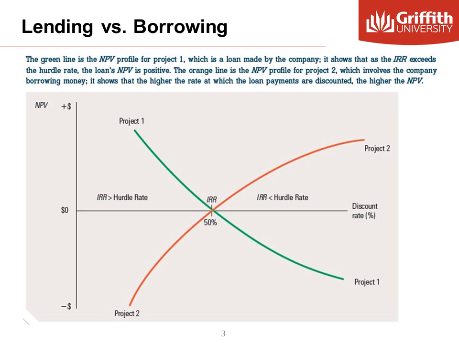Project 2 is a non-conventional project like Project B and should be accepted only when IRR is less than the hurdle rate, because that is the only time when NPV is positive. The higher the discount rate in this case relative to the IRR, the higher the NPV is.